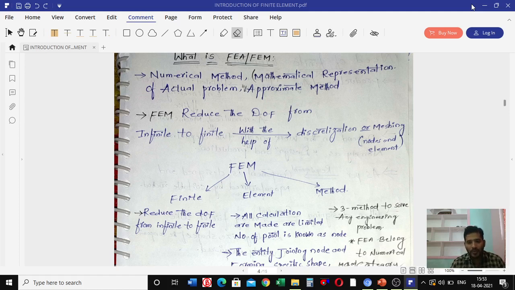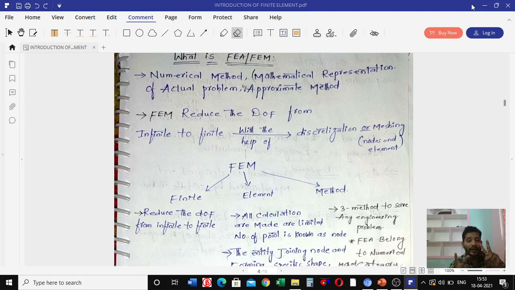The engineering problem is broadly classified into two types. The first one is the mathematical model and the second one is the experimental model. These mathematical models are also broadly classified into two types: first is the analytical method, second is the numerical method.